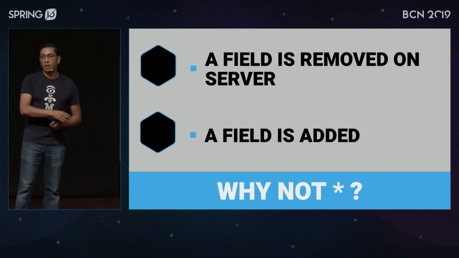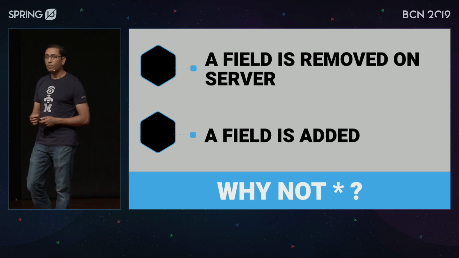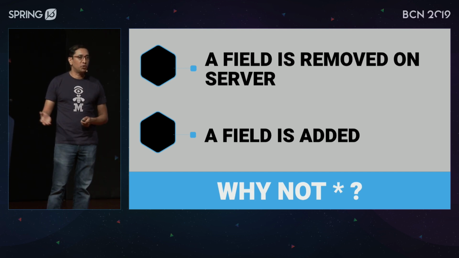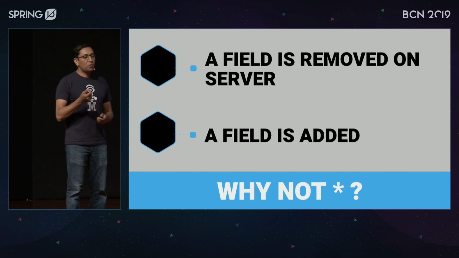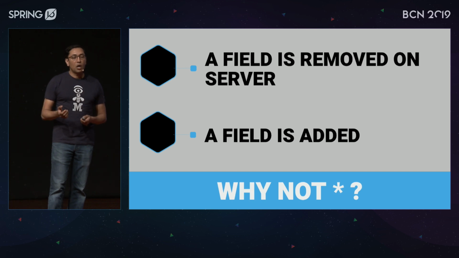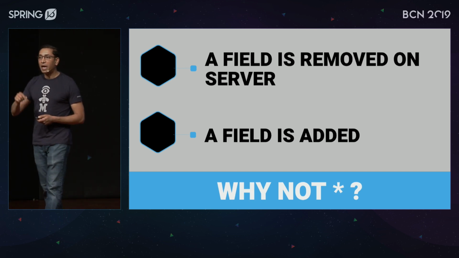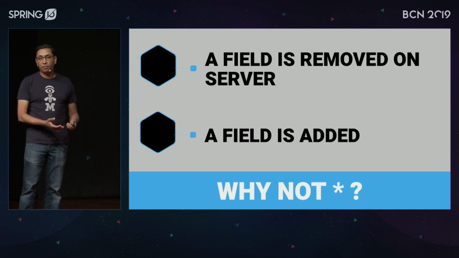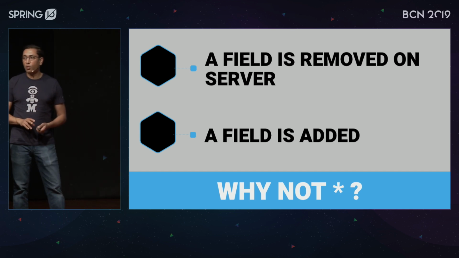Maybe you're working on another team, or on the front end. Or maybe you're a server-side engineer and you want to play a joke on your front-end engineer. So if you remove a field, what happens in REST? It's just not there anymore. Or what happens when you add a field onto an object? In REST, it just automatically shows up. So both of those are problems.